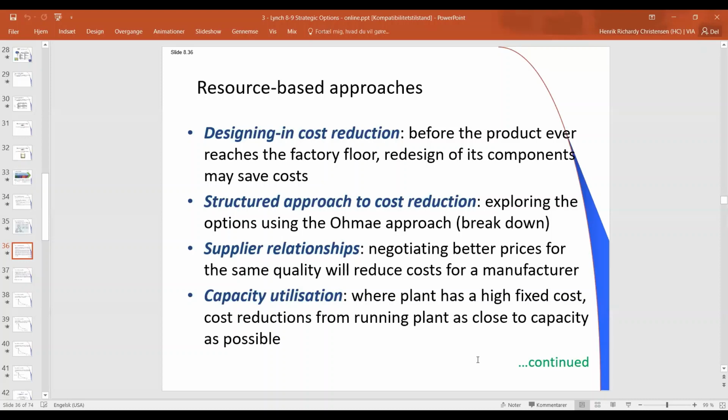But if you could produce 100 pizzas a day, then you can distribute the fixed cost on 1, 2, 3, up to 100 pizzas. So that means that the fixed cost per unit will be much lower if you are running close to your capacity. Another good way to look into it.